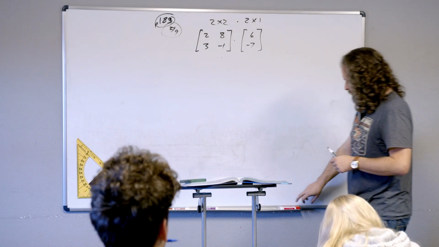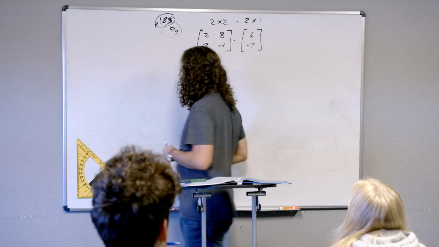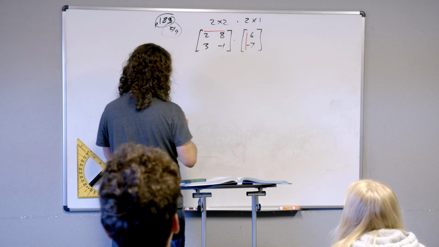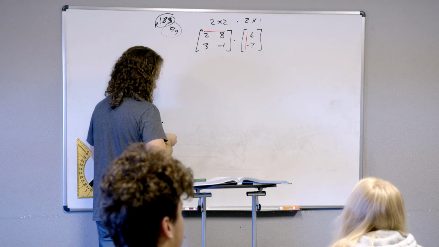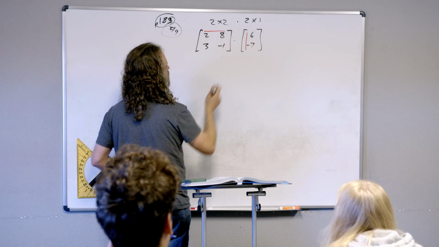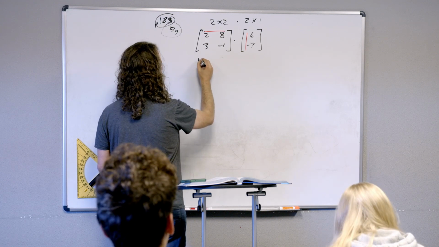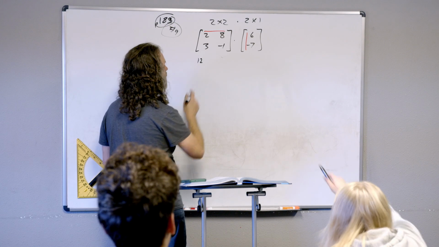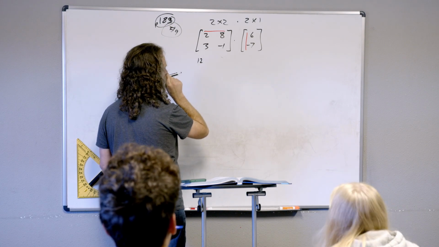We multiply row by column, right? Yeah. Okay, so row by column. So 2 times 6 is what? 12. And are we adding or subtracting? Adding. Wait, but you're subtracting in the end. It's the 8 and it's 7.